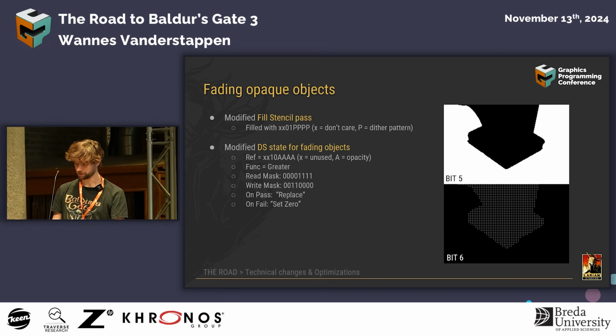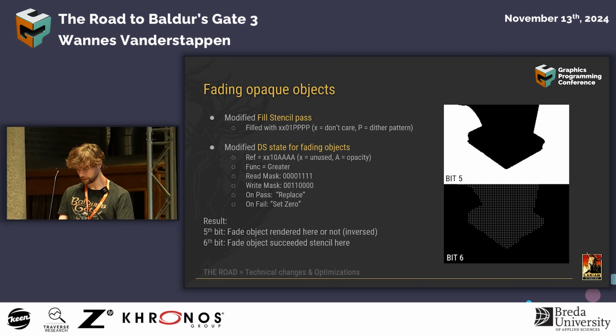So we modified the stencil approach. The stencil fill pass now sets bit 5 to 1, bit 6 to 0. And we also modified the depth stencil state that we're using to fade objects, as you can see here. Most important result of this is that in bit 5, we now get an inverse mask of where fading objects are rendered, and bit 6 gives us the stipple pattern of the dithering pattern, the pixels that succeeded basically of that object.